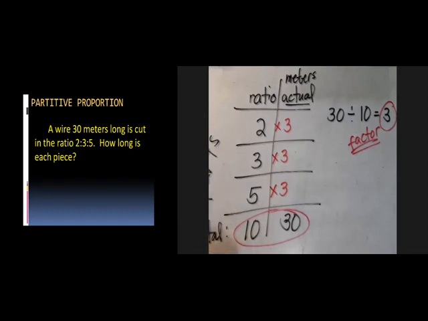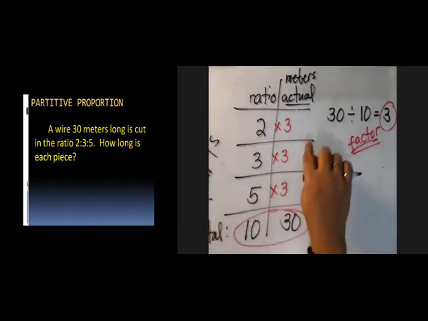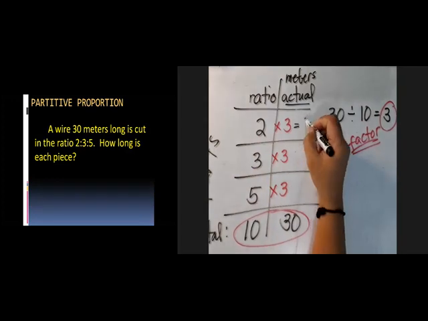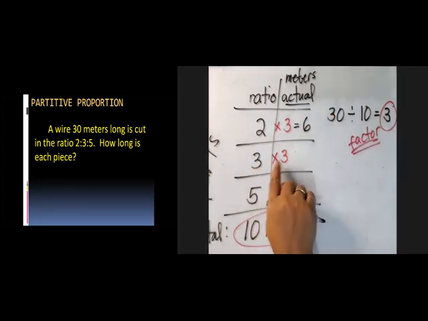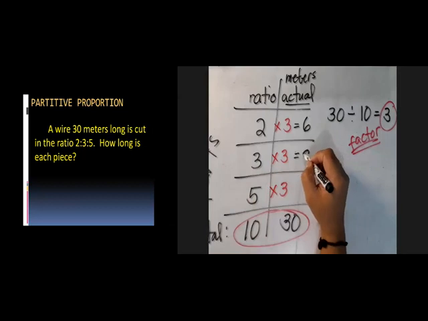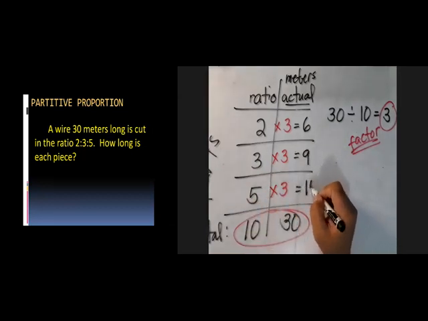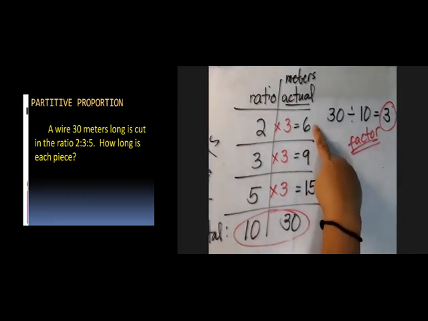Since ang tinatanong naman ay how long is each piece, so kailangan sagutin natin ang bawat isa. 2 times 3 is equal to 6. 3 times 3 is equal to 9. 5 times 3 is equal to 15. Okay? So, kung i-check natin yan, dapat ang total niya ay 30. So, 6 plus 9, that's 15, plus 15 is 30.